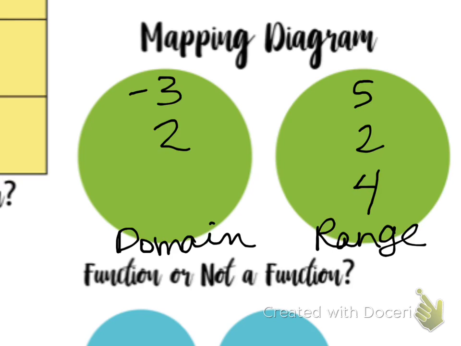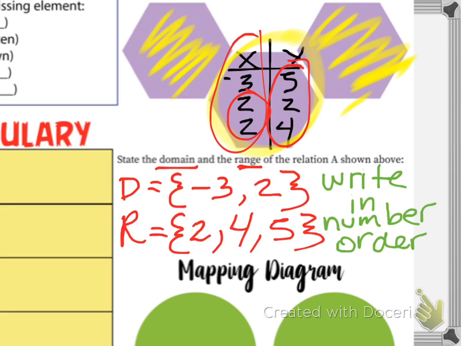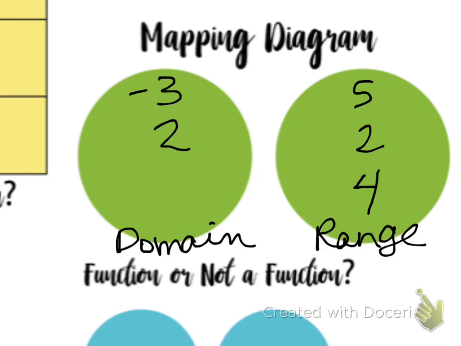So you remember, your domain is all your x coordinates. Your range is all your y coordinates. And the same way that we just listed them here, where, if we had any repeats, we only wrote them one time, that's what's going to happen in your mapping diagram. So because I have the number 2 and it belongs to the ordered pair 2, 2 and the ordered pair 2, 4, I'm only going to write it one time.